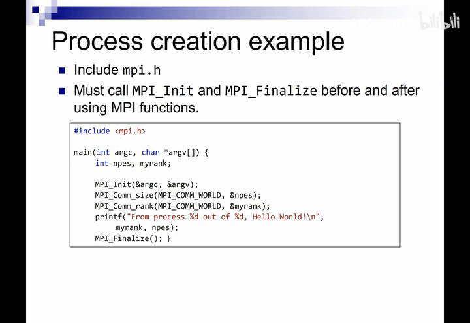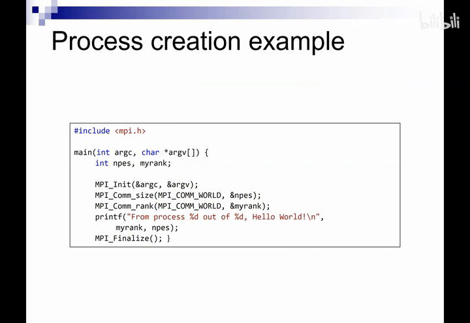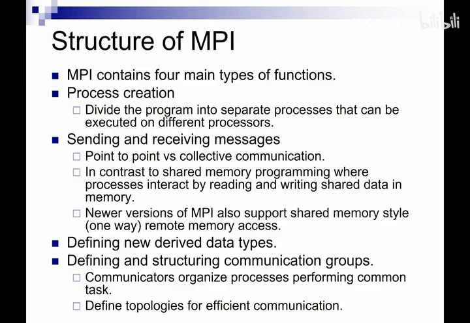Now, this comm that I mentioned earlier, let's see, where was this? Okay, yeah. So if we look over here, in order to do communication, you have to specify a group of processes that you want to communicate with, and this group of processes is called a communicator.